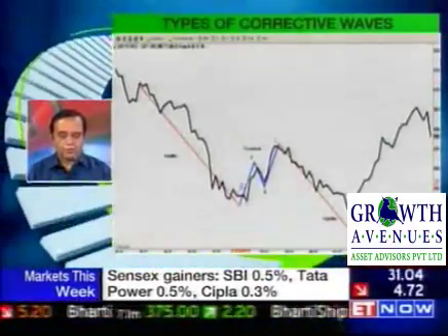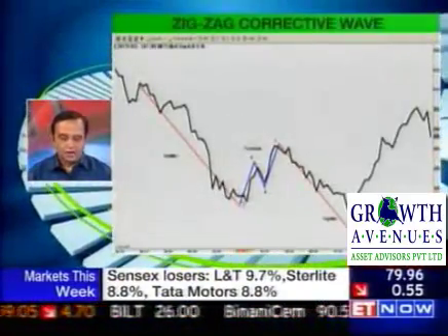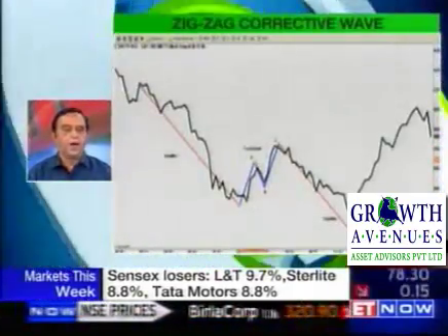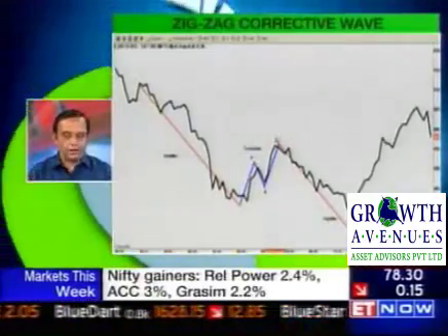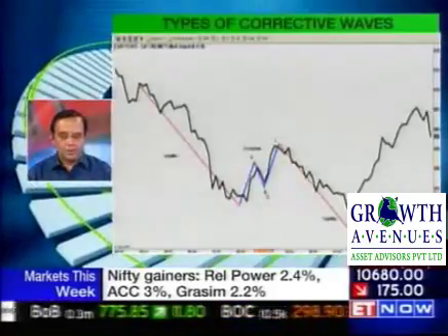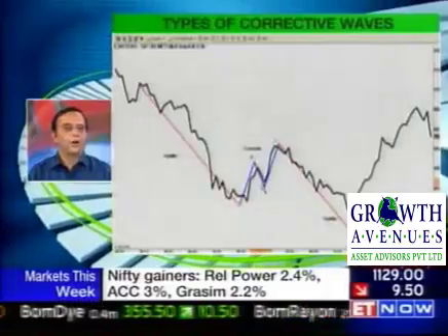In the flat, everything went net sideways, but in the zigzag you will have the A, and then the B and the C finishing significantly higher. So you have price which changes quite a bit. This sort of ABC, where C is much higher than A and B is much higher than the bottom of the first impulse, is known as a zigzag correction.